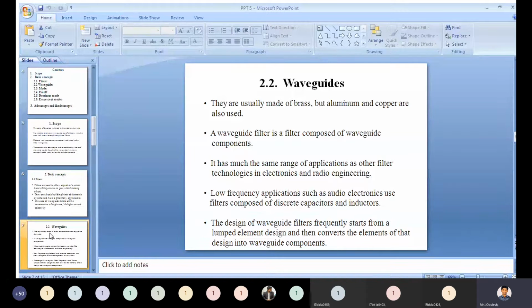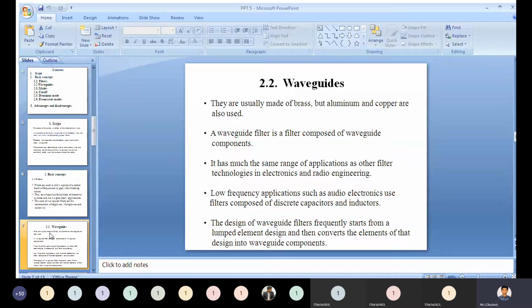You need to remember, they are usually made of brass, but aluminium and copper are also used. Most commonly they are rectangular, but other cross sections such as circular or elliptical are possible.